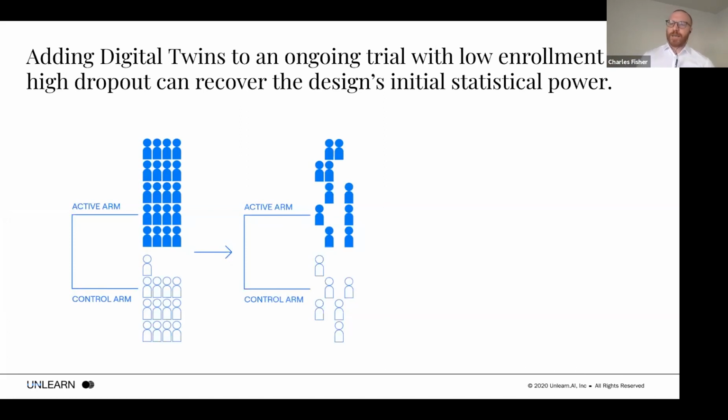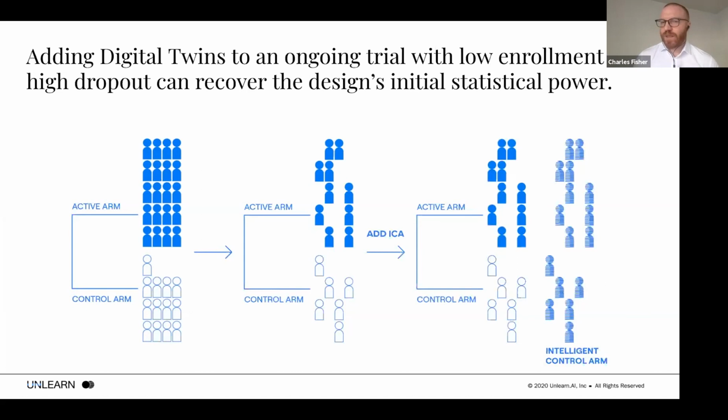Then we can add in an intelligent control arm by taking the baseline data of each of these individual subjects who's still in the trial and creating a digital twin, regardless of whether that subject was randomized to active or control. So again, these are still randomized controlled trials, but they incorporate this prediction of placebo outcomes into the analysis using this covariate adjustment method that Jon described.